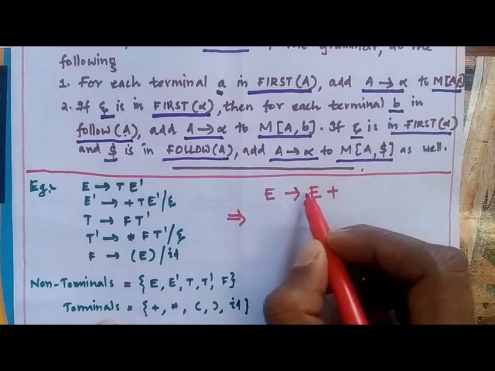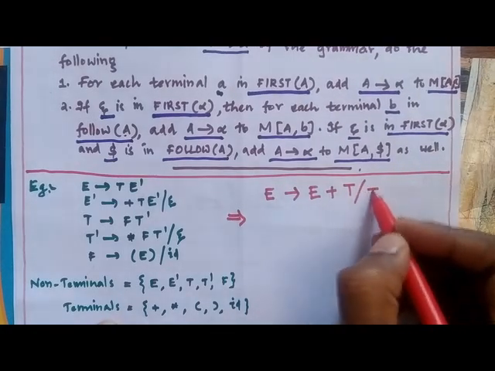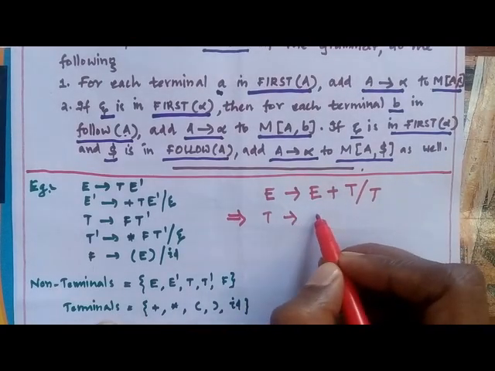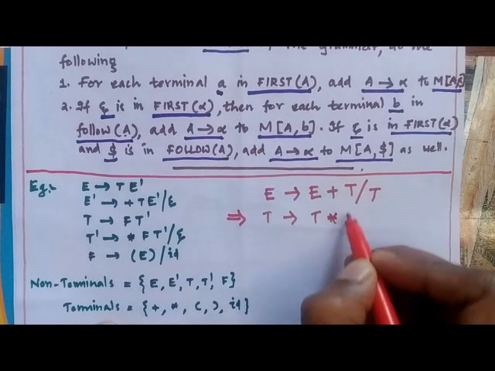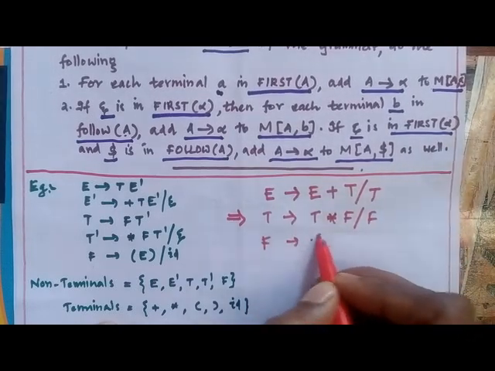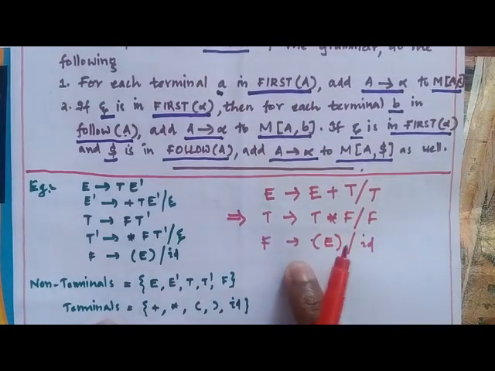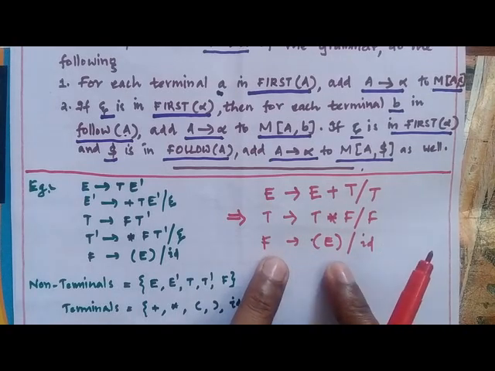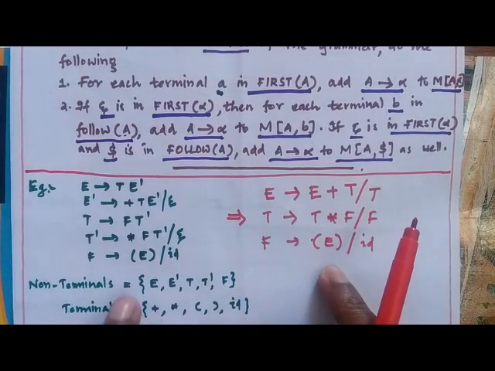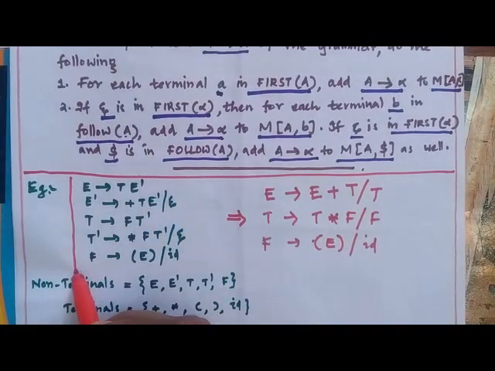I have written here the initial grammar G: E gives E plus T or T; T gives T star F or F; F gives within bracket E or ID. After eliminating left recursion and left factoring that grammar, you will get this grammar.